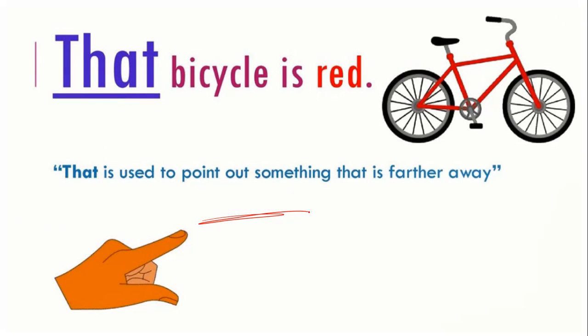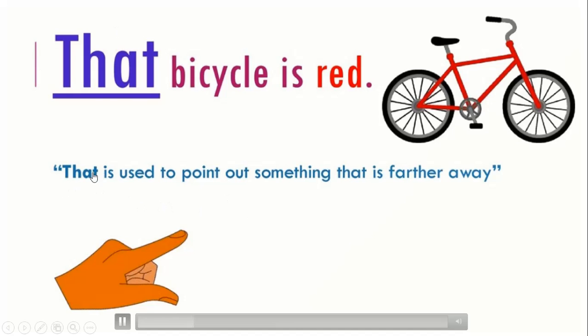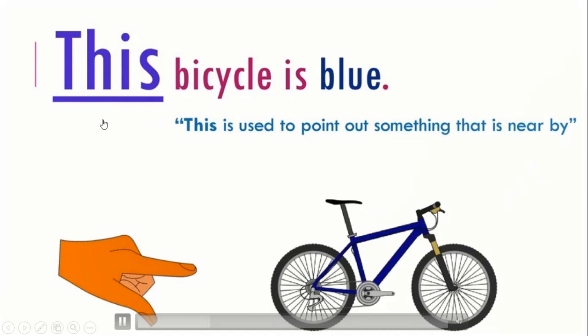As you can see here, that bicycle is red. The adjective that is used to point out something that is farther away. Then, this bicycle is blue. So this is used to point out something that is nearby.